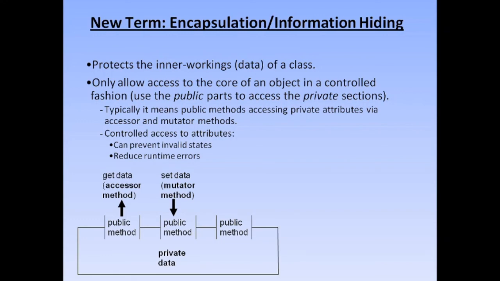Another benefit is that it protects the inner workings. Only allow access to the core of an object in a controlled fashion. Use the public parts to access the private sections. And typically it means public methods accessing private attributes via accessor and mutator methods.